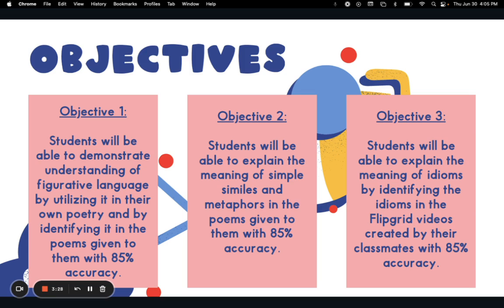The intention behind this was that, as I addressed earlier, we are going to have different modalities for students to demonstrate their understanding of figurative language. One of the tasks that we're going to have our students do is record a Flipgrid video in groups where they're acting out an idiom.